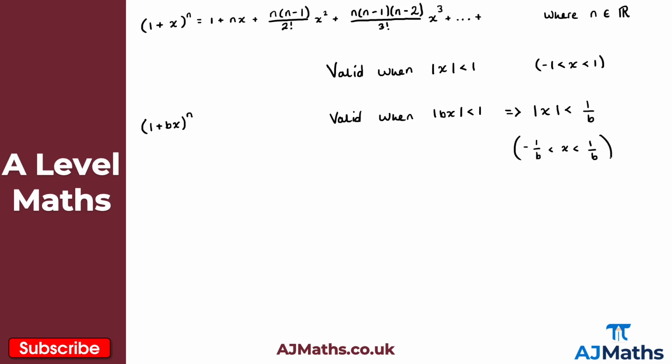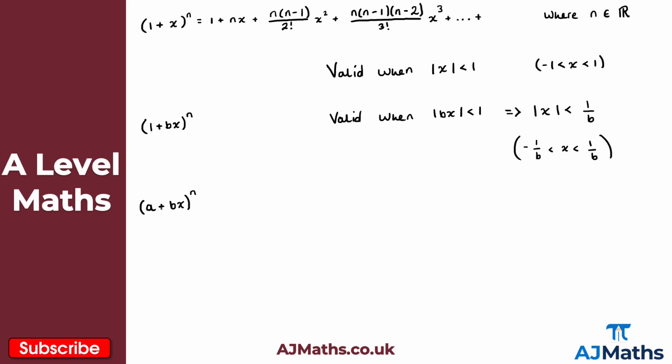Finally, what about if we're working with something like (a + bx)^n? For the previous two examples, we can go straight into using this result, because it's of the form (1 + x) to the power of n. The 1 means we can use the result for the expansion straight away.